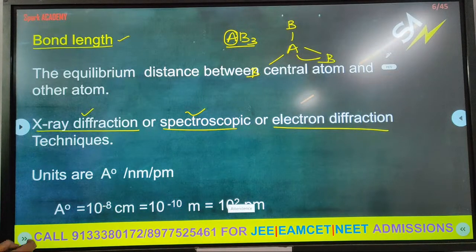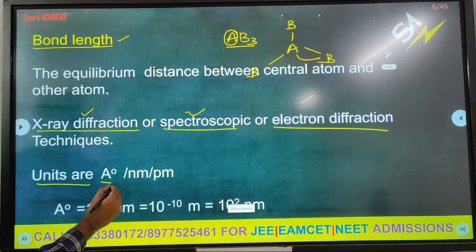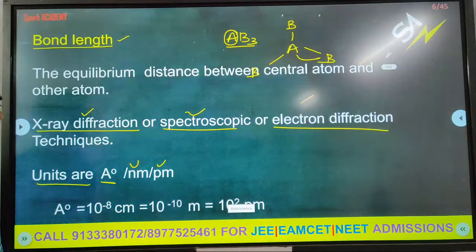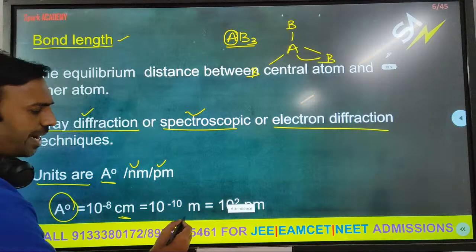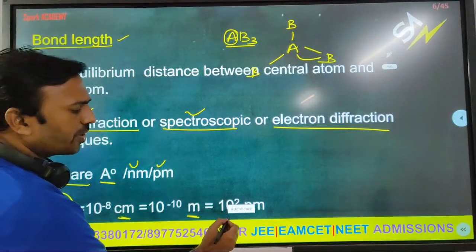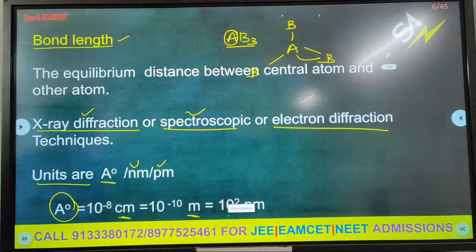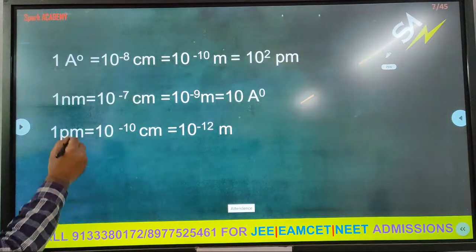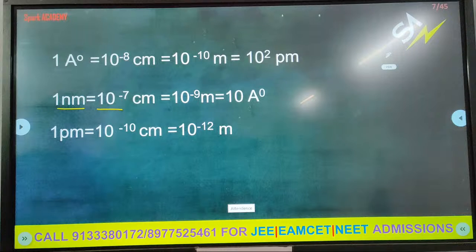Now what are the units of the bond length? Bond length units are angstrom units, nanometers, picometers. Now we see, 1 angstrom unit is equal to 10 to the power of minus 8 centimeter, 10 to the power of minus 10 meters. 1 nanometer is equal to 10 to the power of minus 7 centimeters, 10 to the power of minus 9 meters, and 10 angstrom units.